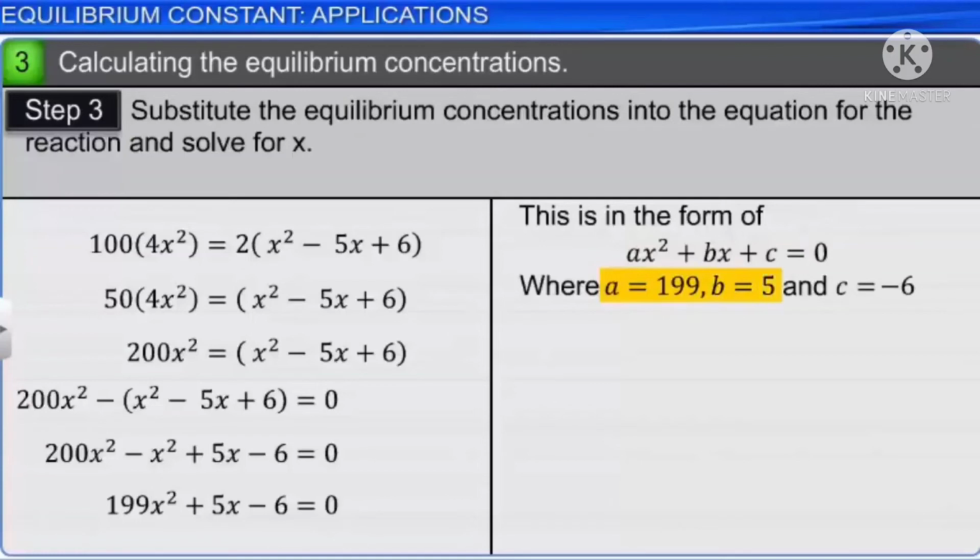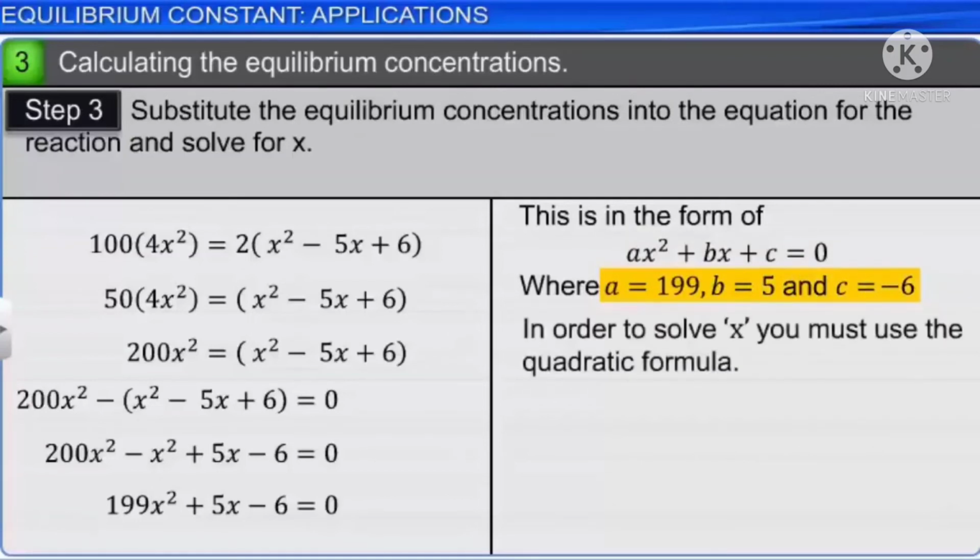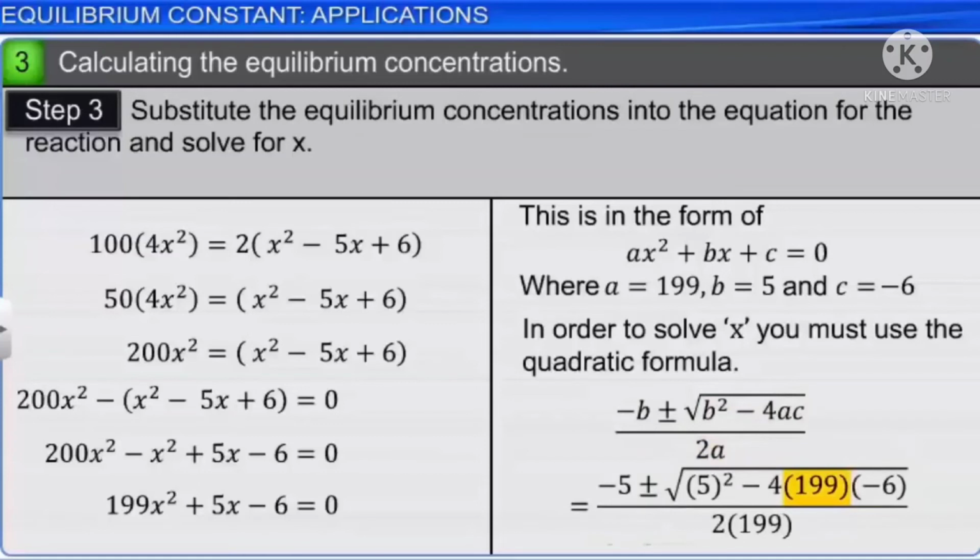In order to solve for x, you must use the formula x is equal to minus b plus or minus square root of b squared minus 4ac, divided by 2a. On substituting the values of a, b and c, we get minus 5 plus or minus square root of 5 squared minus 4 multiplied by 199 multiplied by minus 6, divided by 2 multiplied by 199.